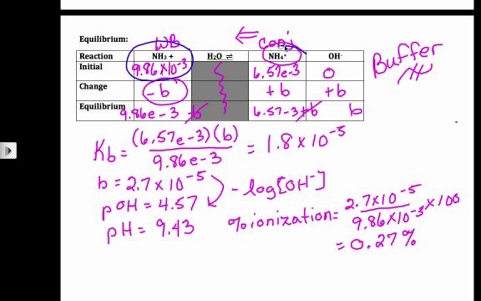I neutralized some of it to get my ammonia. So it's a partial neutralization. And you noticed, hopefully, that a partial neutralization yields a buffer solution. So those are some key things to write down to reinforce what we'll learn later about buffers.